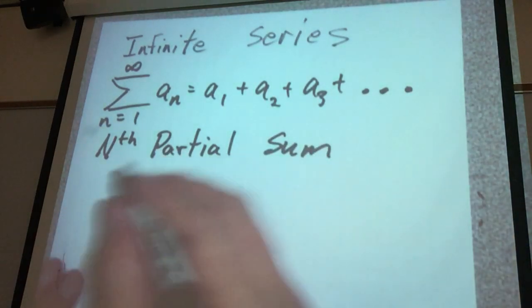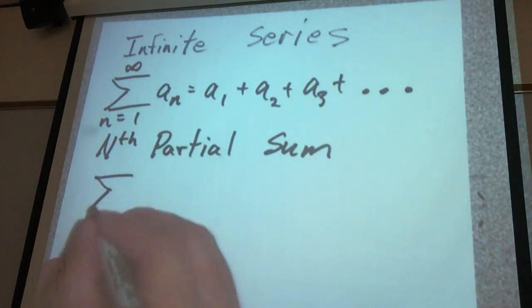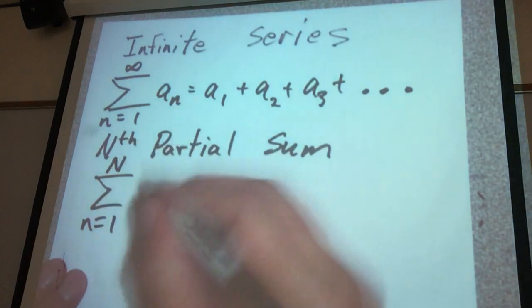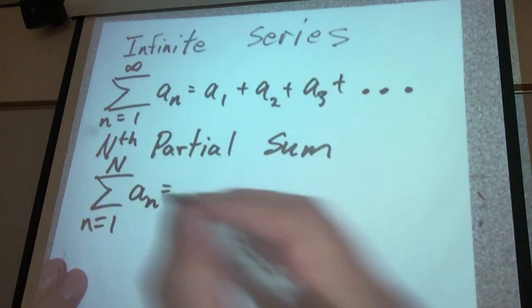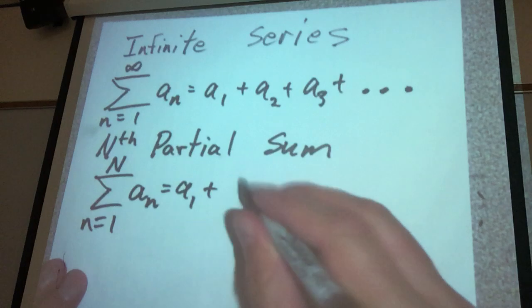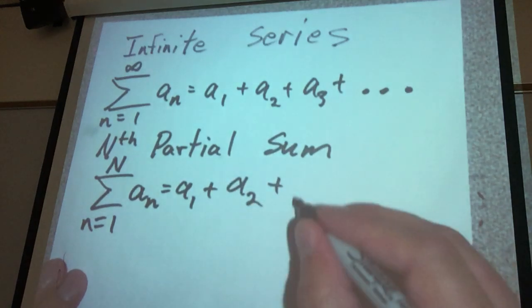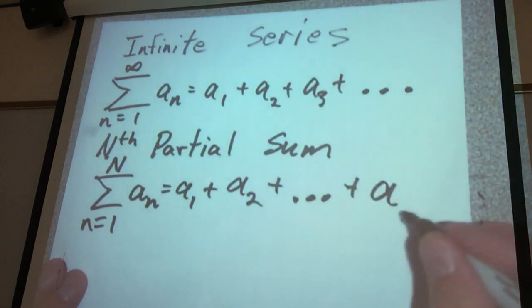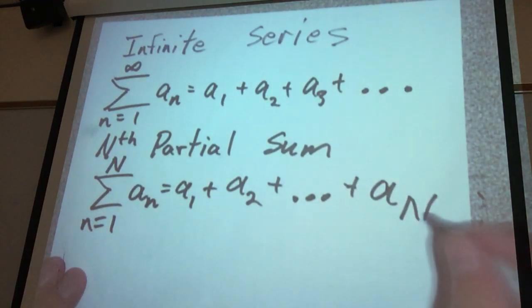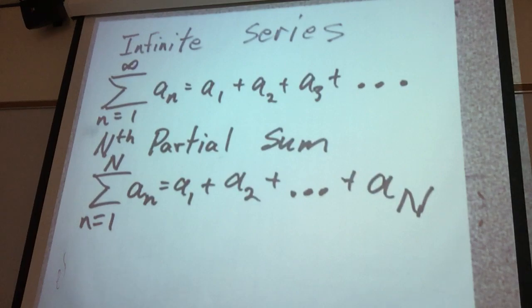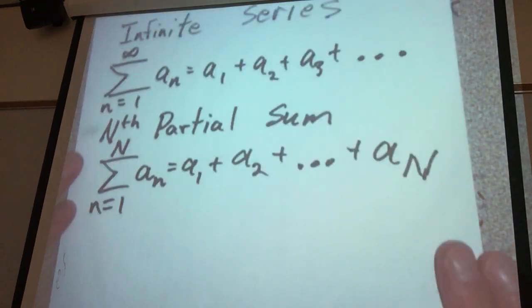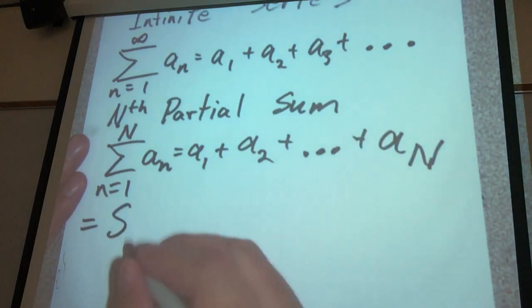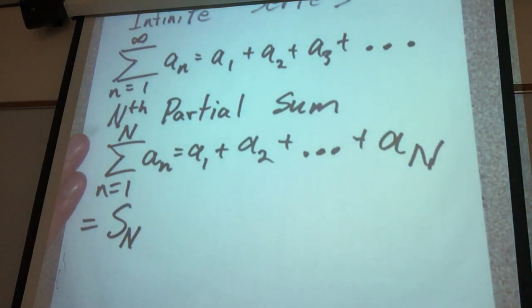Let's phrase it like this: the sum from n equals 1 to capital N of a sub n, which equals a1 plus a2 plus dot dot dot a sub capital N. We'll write this as S sub capital N. Right?